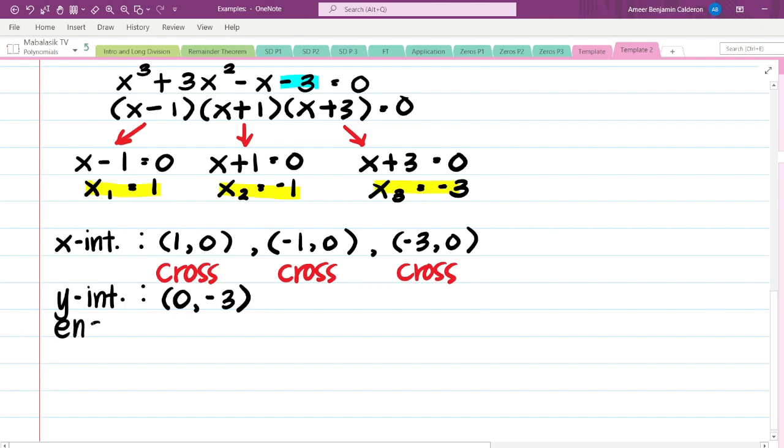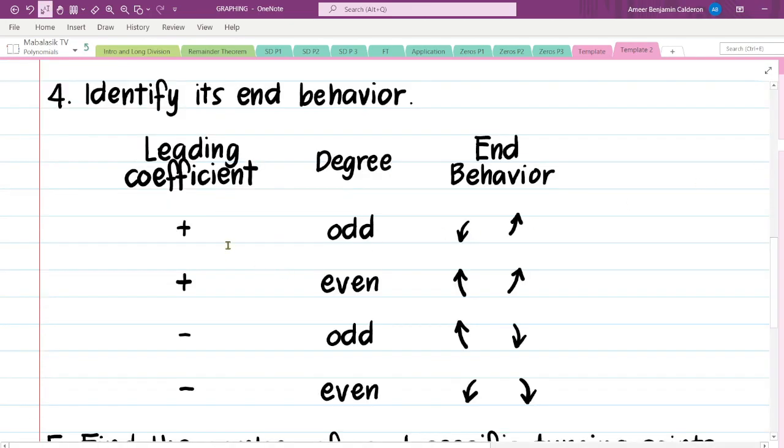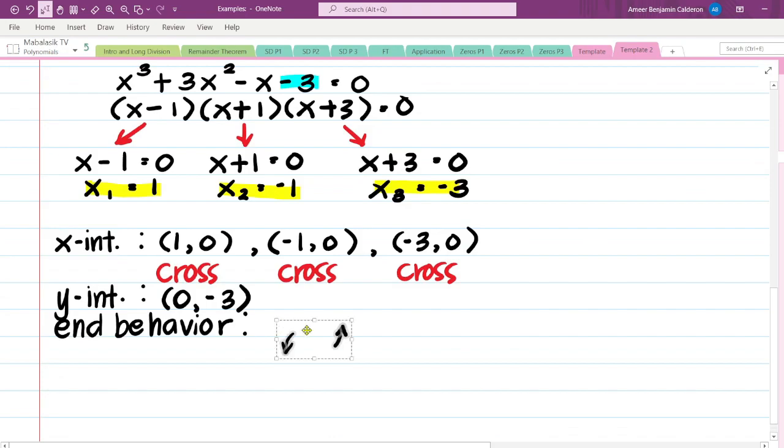The end behavior of our graph is going to be positive odd. So we have here positive odd. That is our end behavior. I'll just copy this and paste it here. This will be our end behavior.